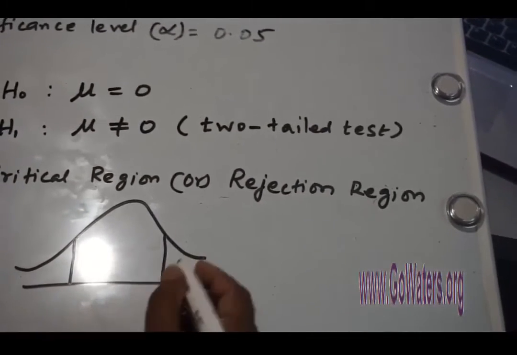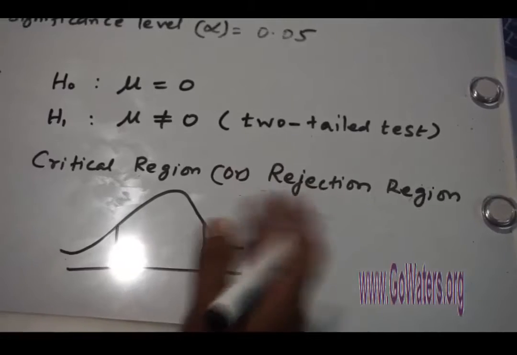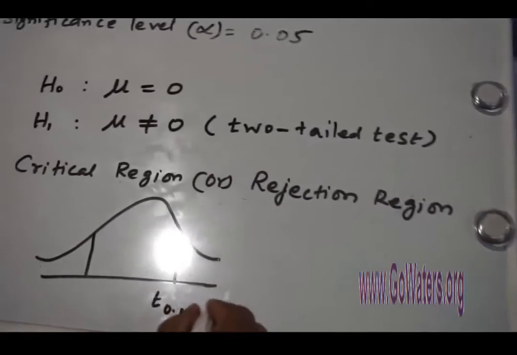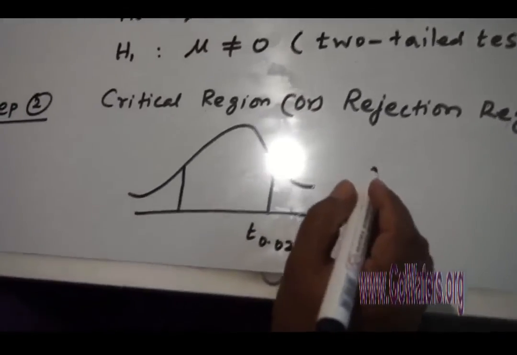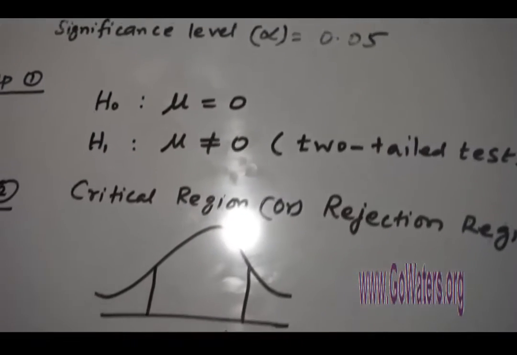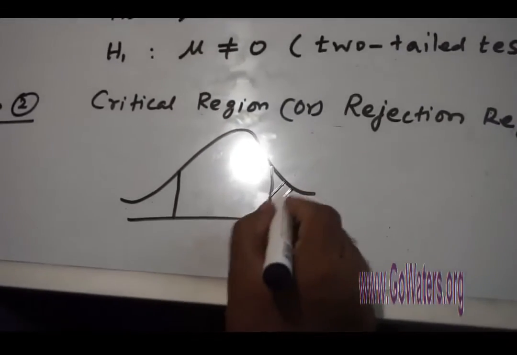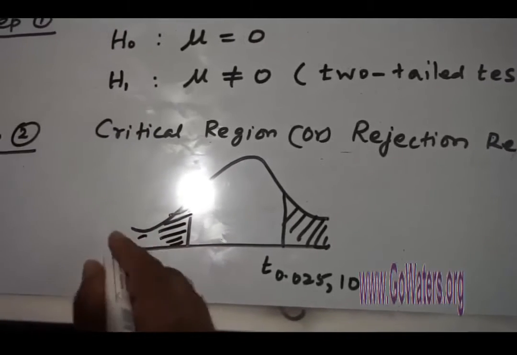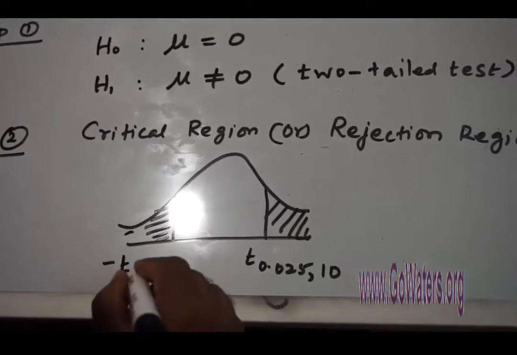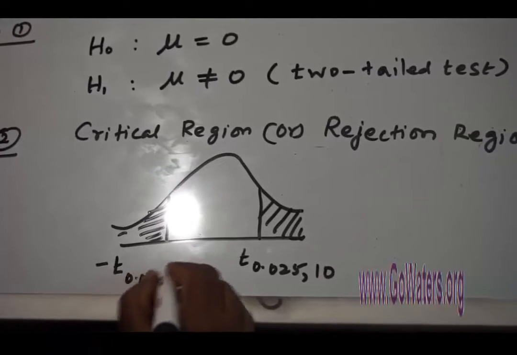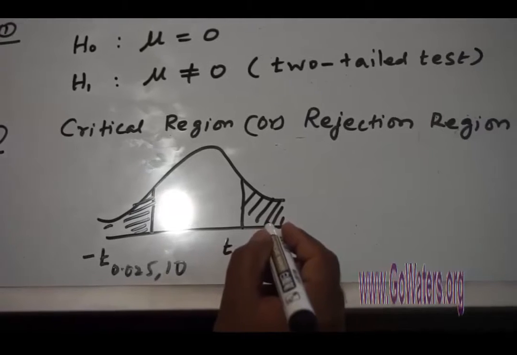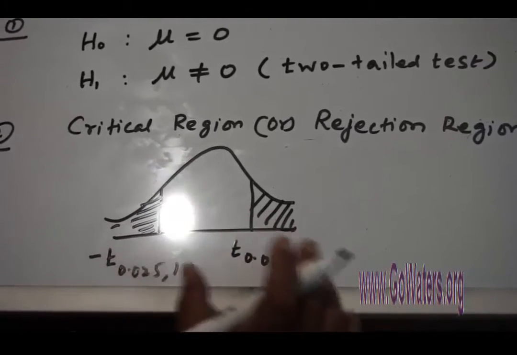So you have T alpha by 2. 0.05 divided by 2, you will get T 0.025, and the degrees of freedom: you have 11 samples, so 11 minus 1, 10 you will get here. Similarly, this side will be negative, so negative T 0.025, comma 10. I will explain this point later.